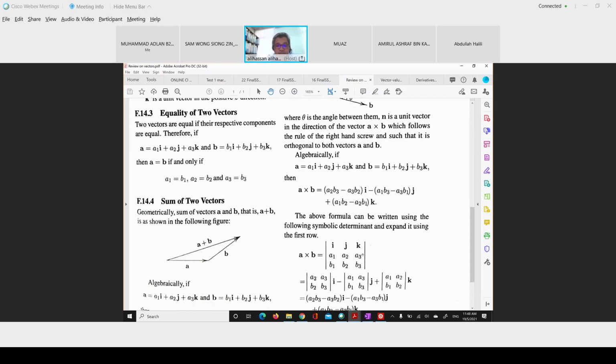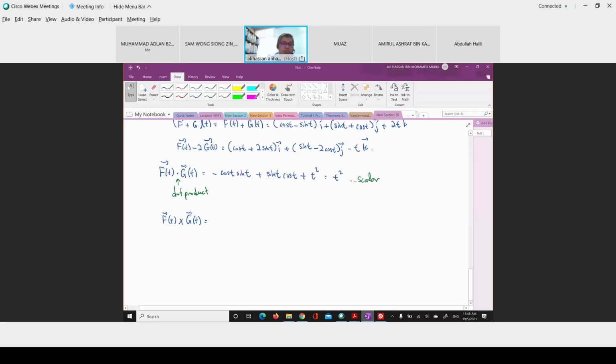The second row is the components of vector A, and the third row is the components of vector B. So using this definition, the first row consists of the unit vectors i, j, k.